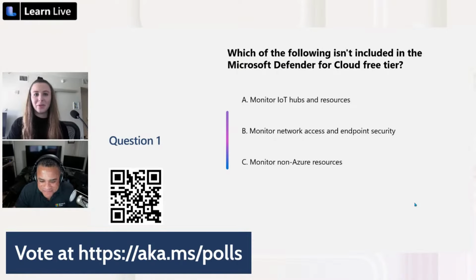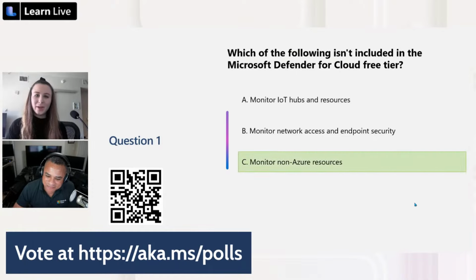I see a lot of people have voted, so we can move on. This is technically the answer, but I do want to point out that even though this is the correct answer, we do include a free tier of Defender CSPM, which is foundational CSPM.